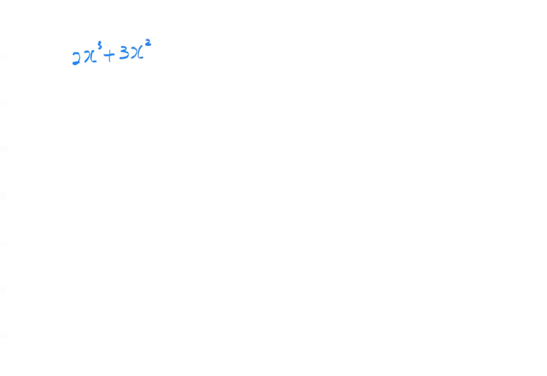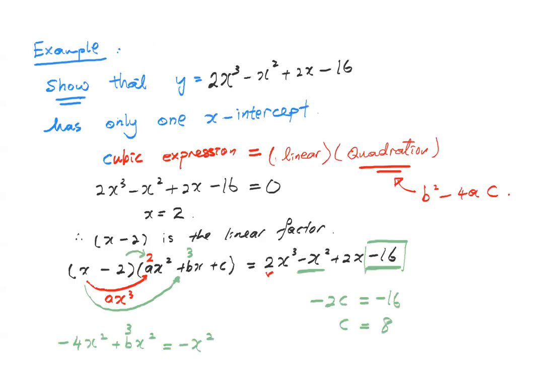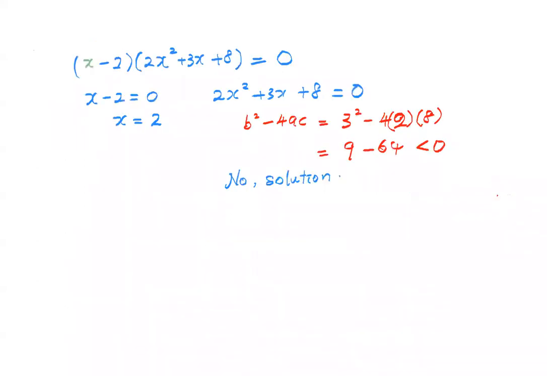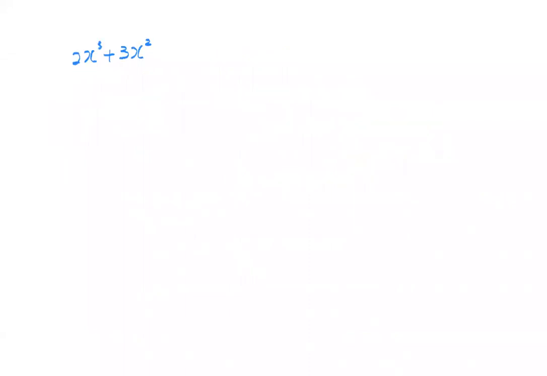Let's go back to that. 2x cubed minus x squared, minus x squared plus 2x minus 16, equal to 0.